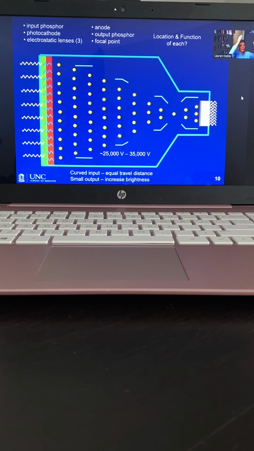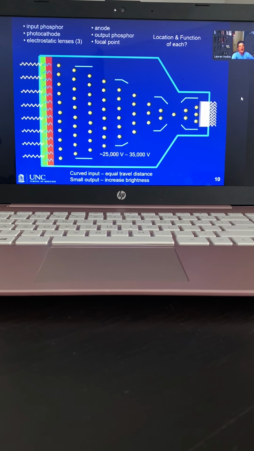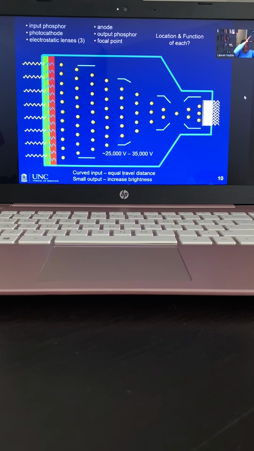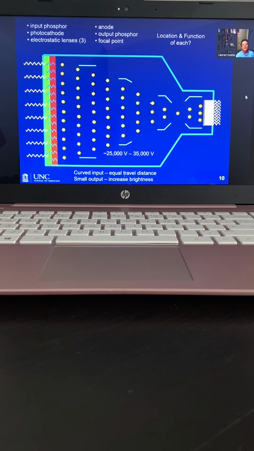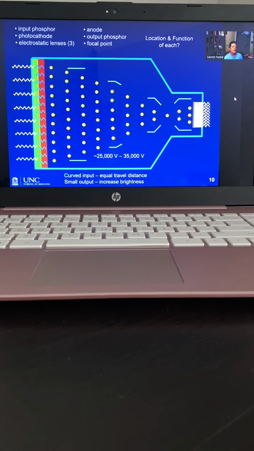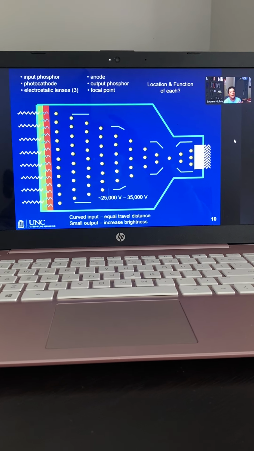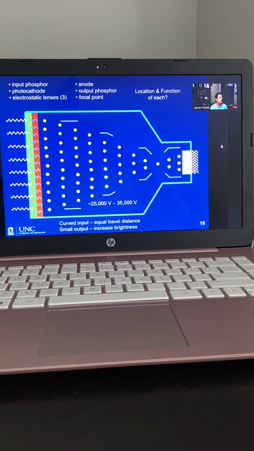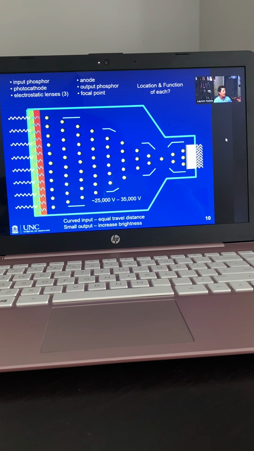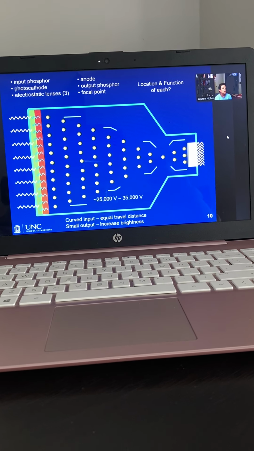It's kind of like when X-rays come out of the X-ray tube, they don't come down in a single straight line. They diverge out. So they diverge out and they hit this output phosphor, and then they're converted to light. But we end up with many more light photons than the number of X-rays that we started with.